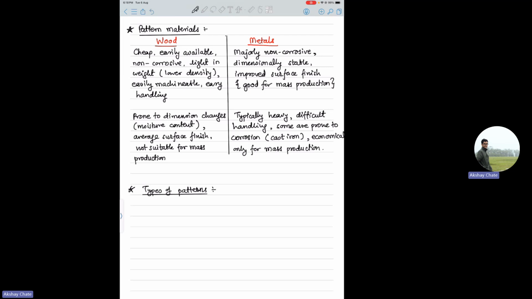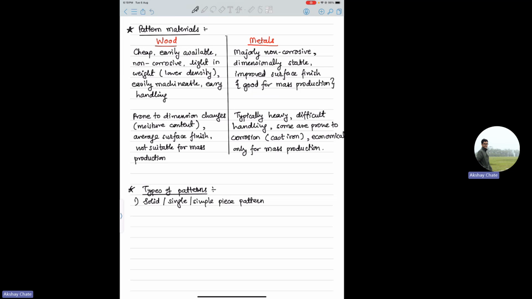Yeah, one second, guys. I'll drink some water. So yeah, first is the single piece or simple pattern. They are called solid or single or simple piece patterns.